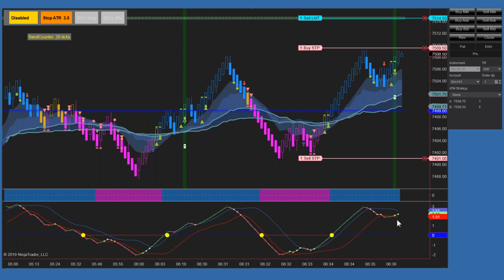And the market, like I said, is really comfortable around the 7,500 zone. It's not finding a whole lot of reason to leave this neighborhood.